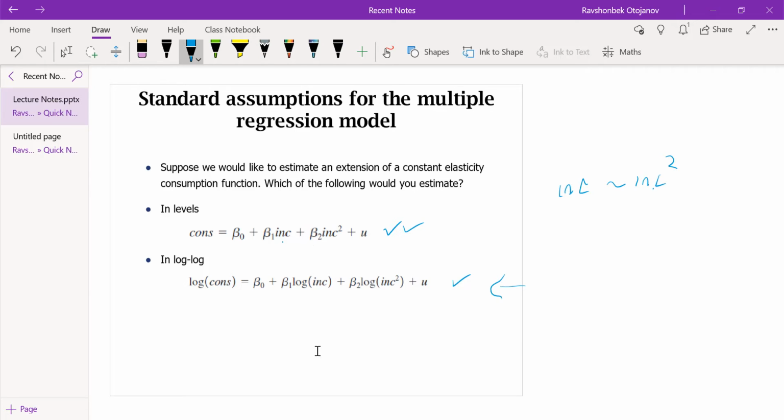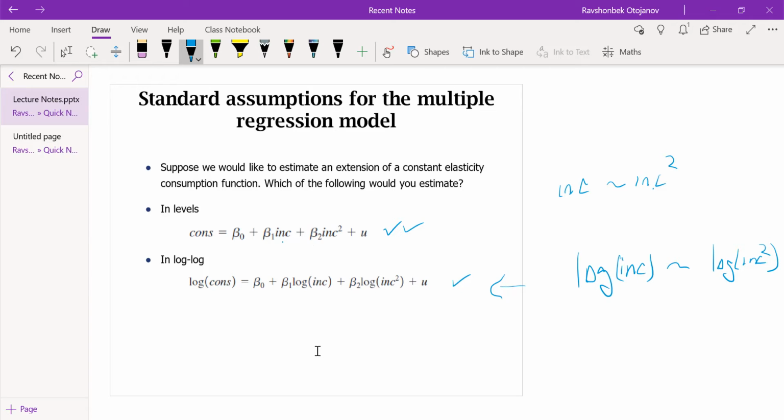However, this case is not the non-linear situation here, because log income can be a linear function of log income squared in this case. Notice how it works out. Log income, so it's squared.